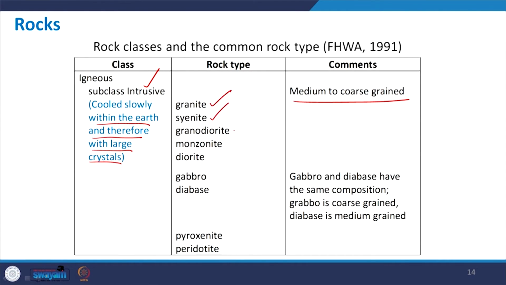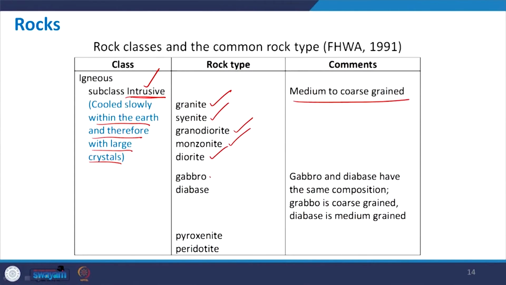Granite, syenite, granodiorite, monzonite and diorite are some of the examples of this type of rocks, that is, subclass intrusive igneous rocks. Other types of igneous rocks under this category include gabbro and diabase. These have the same composition, but gabbro is coarse grained and diabase is medium grained. So it is not only the mineral composition, but the size of the grain also matters when you have to identify the rocks.